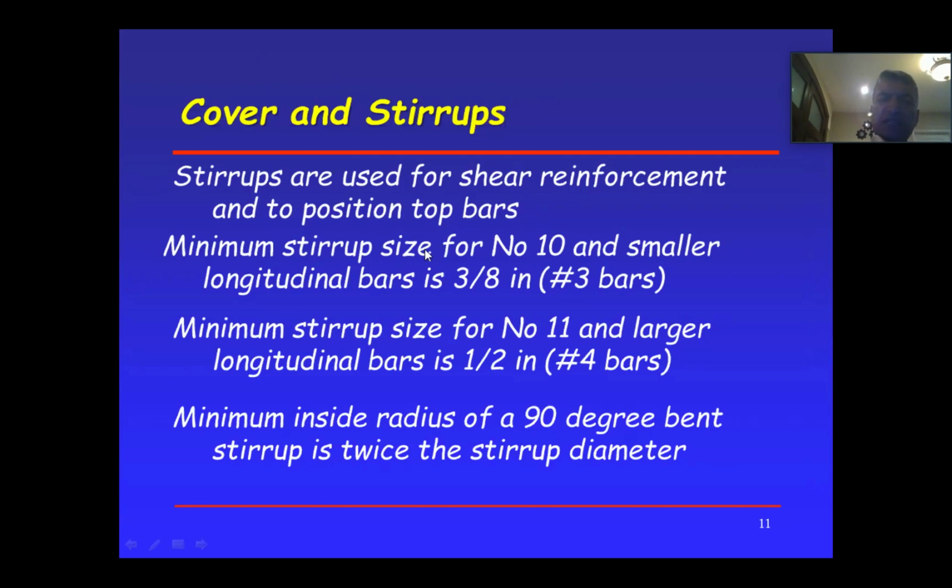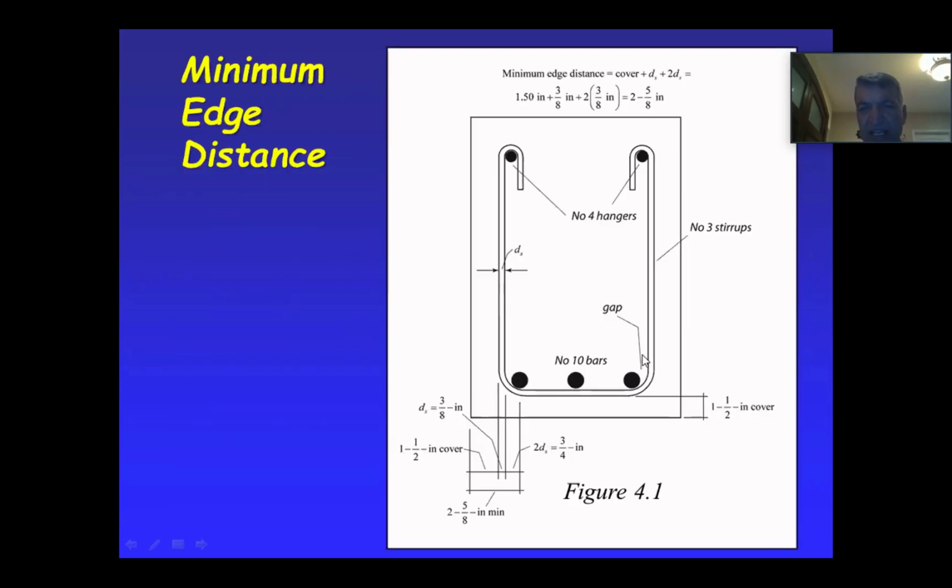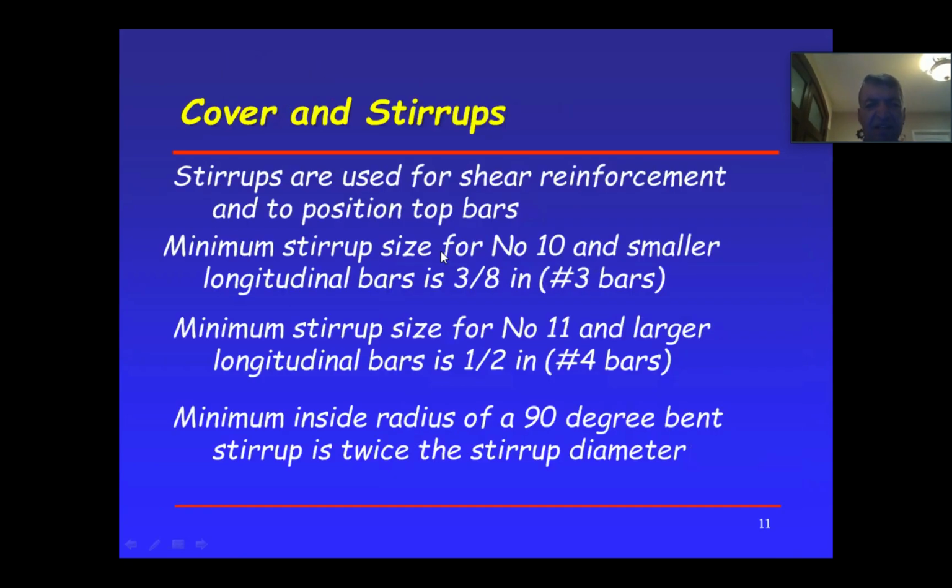Minimum stirrup size for number 10 and smaller. So number 10 bars and smaller. If these are number 10 and smaller, the minimum size of these is number 3. Right there. The smaller longitudinal bars is 3/8. That means number 3. Okay. If the bars go more than number 10, so let's look at that.